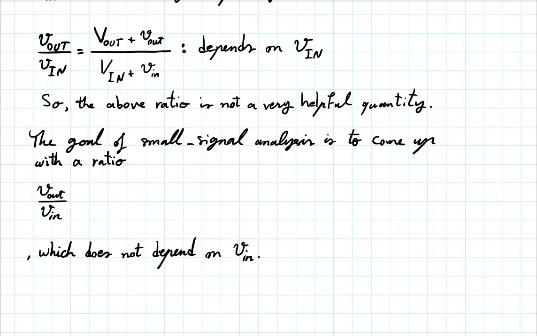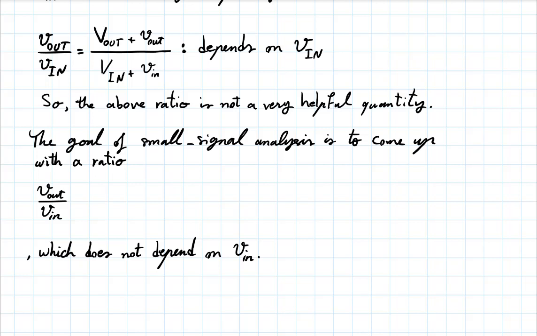In other words, I'd like to have a gain like this that will tell me the ratio of the small change in the output over the small change in the input, regardless of whether the small change in the input from the bias point is 1 millivolt or 1.5 millivolts or 1.8 millivolts.